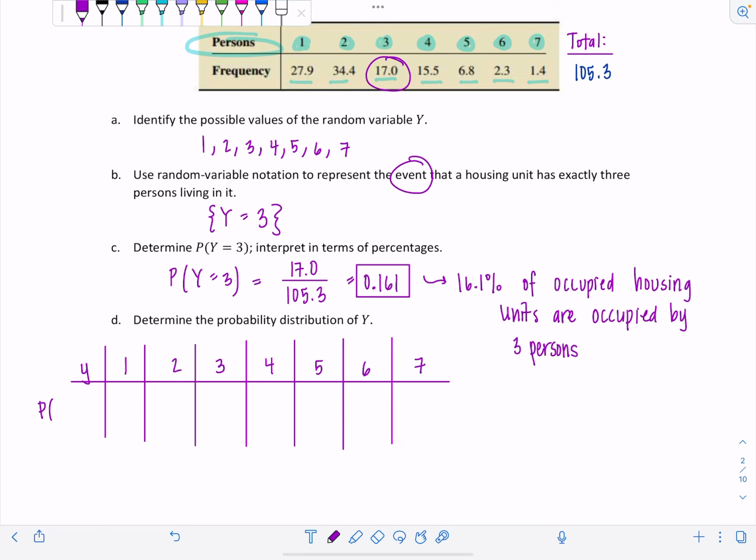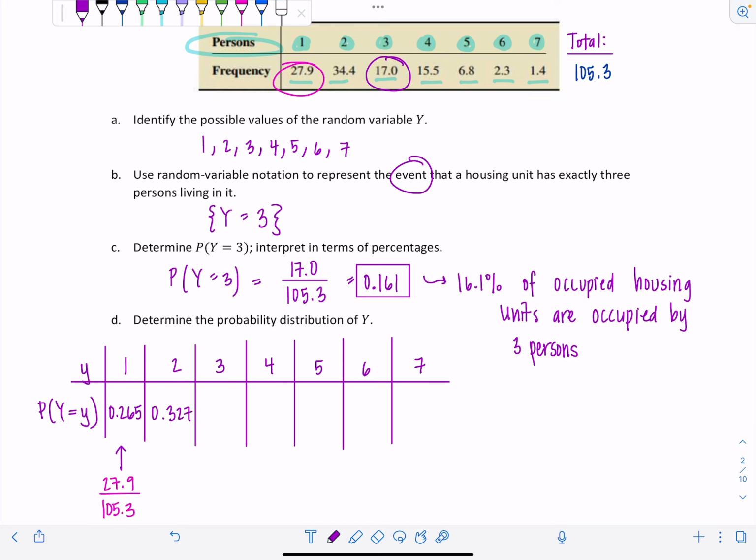And then we want the probability that our random variable y is equal to 1 through 7. For this first one, you would take the frequency that we have up here, 27.9, divide by the total, 105.3, and let's just round everything to 3 decimal places. This is 0.265. I'm not going to write out the work for the rest; you can just figure it out. 34.4 divided by 105.3 gives you 0.327.